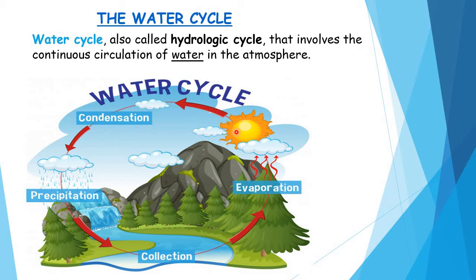Whenever the sun rises and the condensation process takes place through the clouds, after the condensation process, precipitation occurs in the form of rain, and then this rainy water is collected in the oceans.